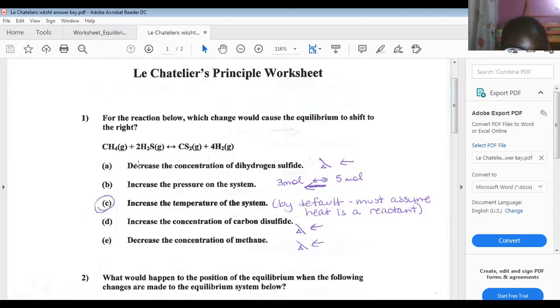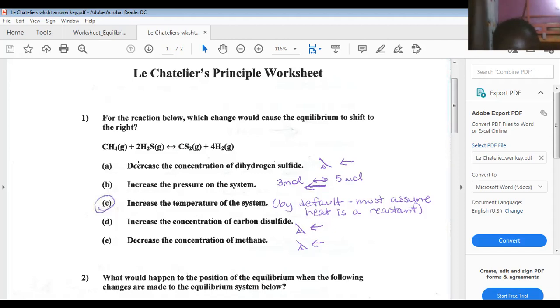We'll have to determine the energetics of the system, and since it was not given, we really don't know. So we could leave that out.